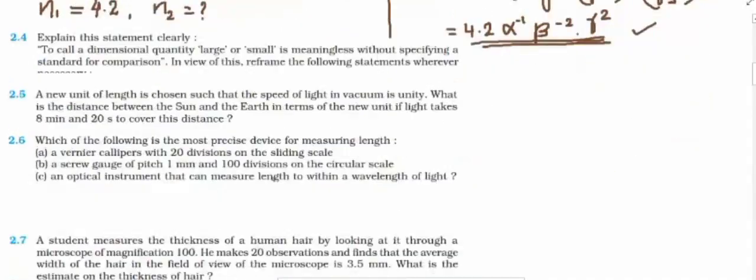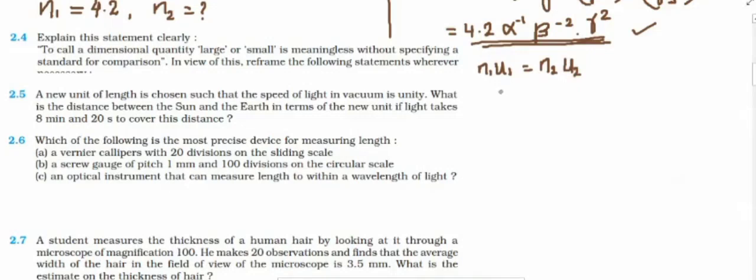Now, next, question 4. Explain this statement clearly. To call a dimensional quantity large or small is meaningless without specifying standard for comparison. So we have n1, the numerical value, u1 unit is equal to n2, the numerical value for conversion into u2 unit.